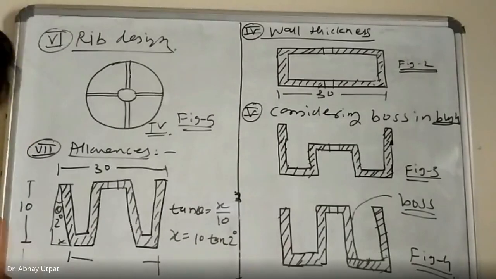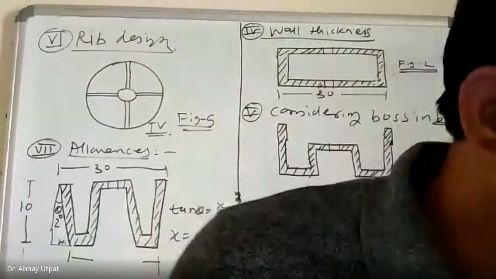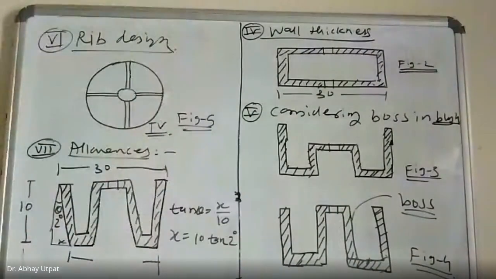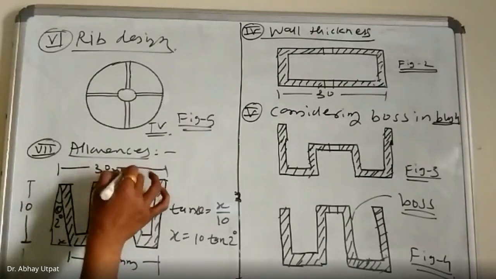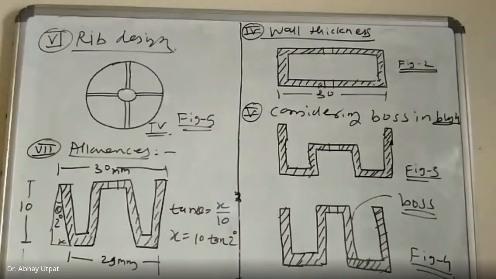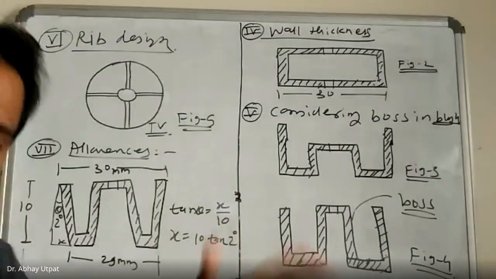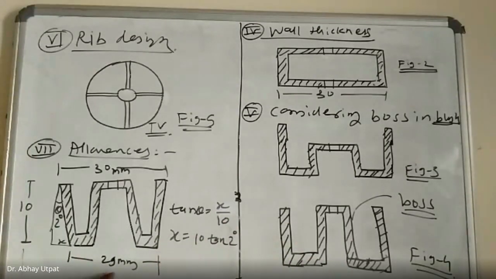So approximately, the dimension reduced may be 1 mm, it may become around 29 mm. This is 30 mm. So we have considered 0.5 reduced from both. Let this x value be around 0.5. Just check what it is. It will become 29 mm. This is your figure number 6.